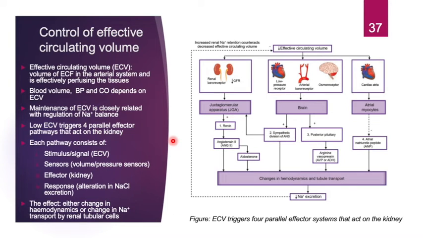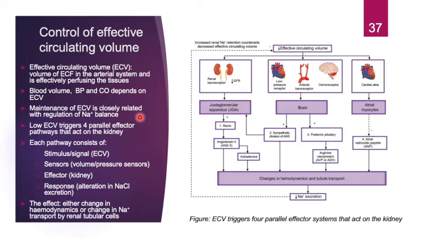Effective circulating volume, or ECV, refers to the volume of ECF that is in the arterial system and is effectively perfusing the tissues. The blood volume, blood pressure, and cardiac output are dependent on ECV. The regulation of sodium balance is closely related to the maintenance of ECV.